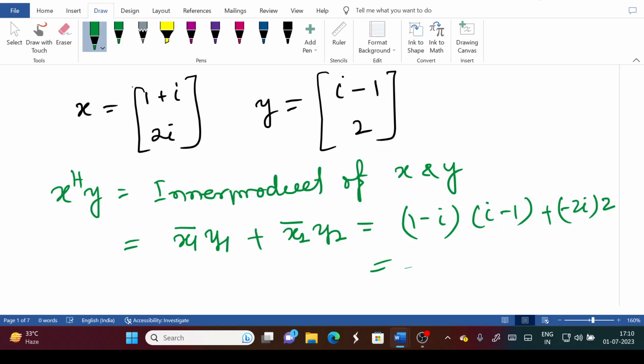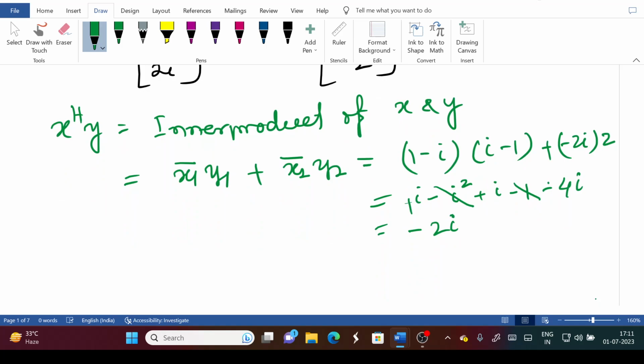Multiplying out: i minus i square minus 1 plus i gives 2i, and minus i square is plus 1, so minus 1 plus 1 cancels, leaving 2i. Then minus 4i. So the total is minus 2i. This is the inner product.